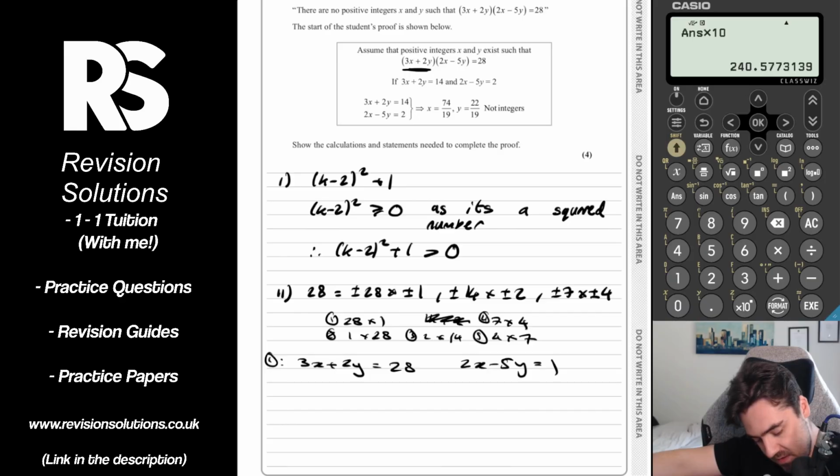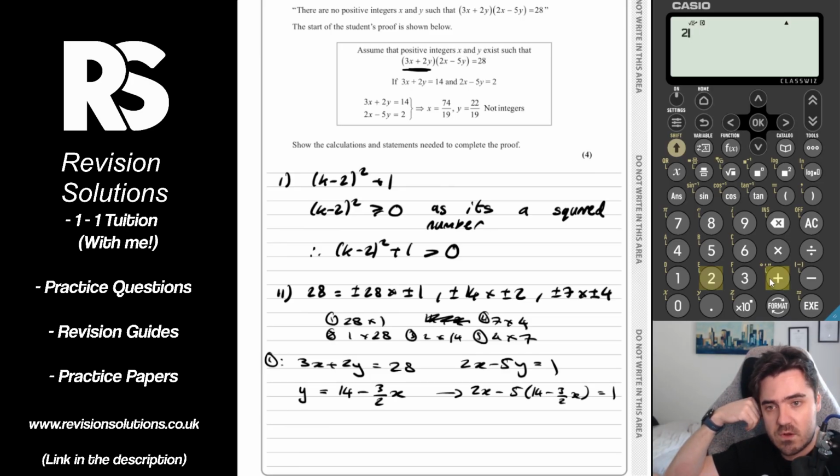So if I divide everything by 2 here, we'd have y equals 14 minus 3 over 2 x. Subbing that in here, we'd have 2x minus 5 times 14 minus 3 over 2 x equals 1. Solving that would give us 2x plus 15 over 2 x.